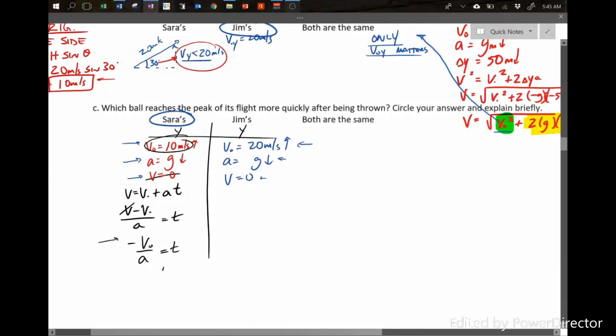So for Sarah, that's negative 10 over the gravity on the moon is equal to time. For Jim, that's negative 20 over the gravity equals time. It's a longer time for Jim because he has a greater initial velocity.